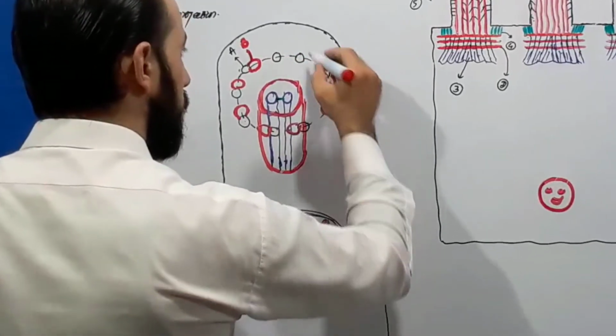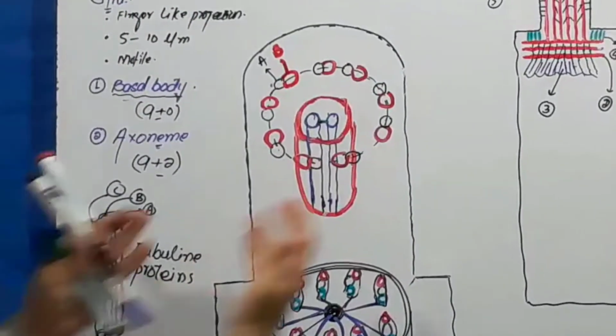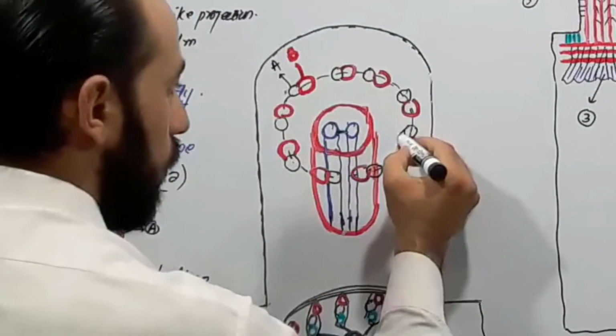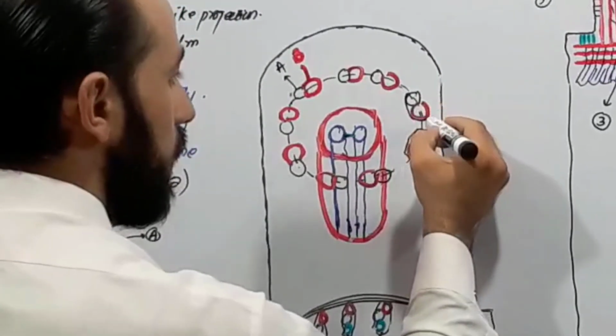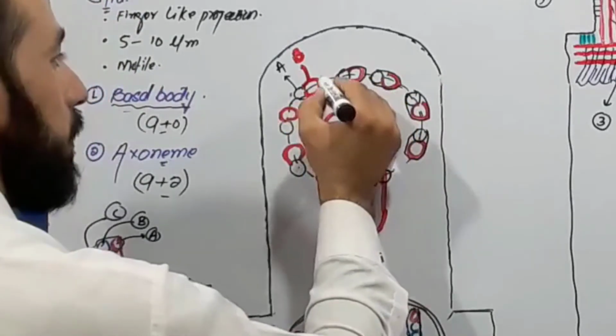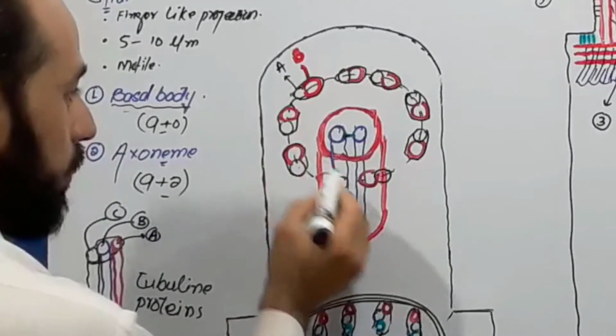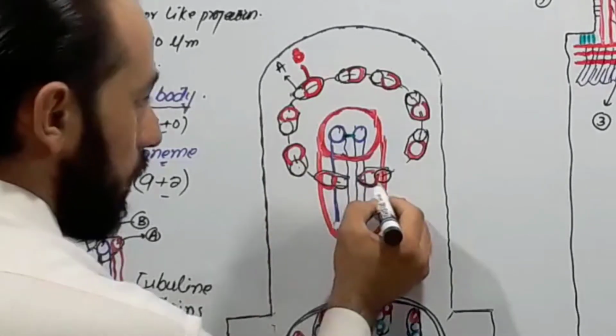So how many doublets have come up? 9 doublets, right? Doublets means 2 tubulin protein filaments each, and triplets means 3 tubulin protein filaments each, right?